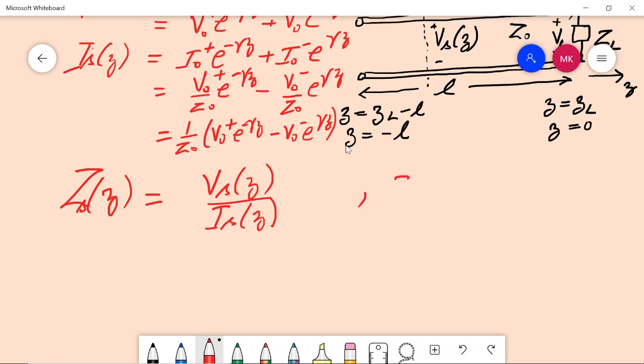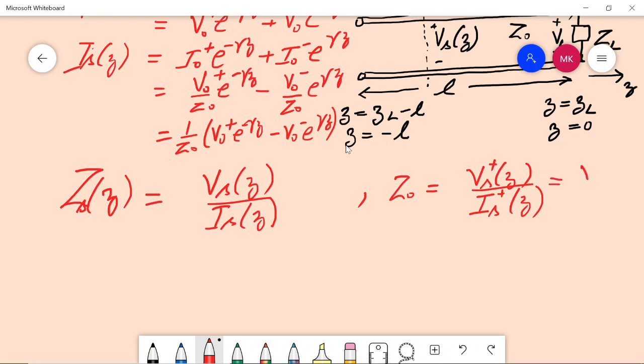Whereas Z0 was defined as the forward traveling wave divided by the forward traveling current. So there is a difference here. The line impedance is the total voltage divided by the total current, whereas Z0 is the forward traveling voltage divided by the forward traveling current, and this comes out to be constant.